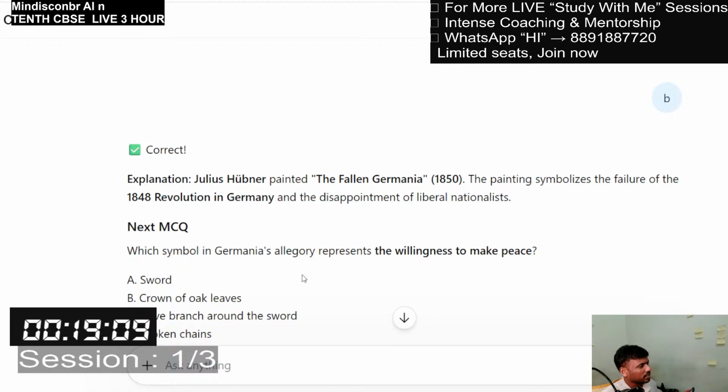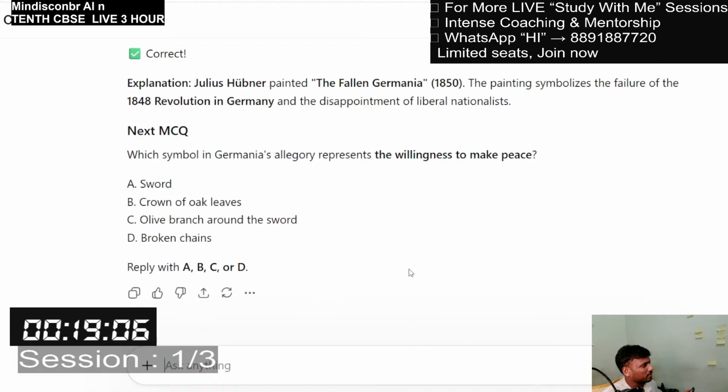Which symbol in Germania's allegory represents the willingness to make peace? Olive branch around the sword.